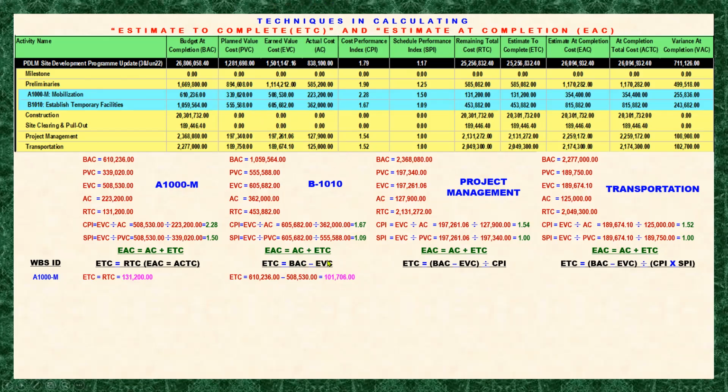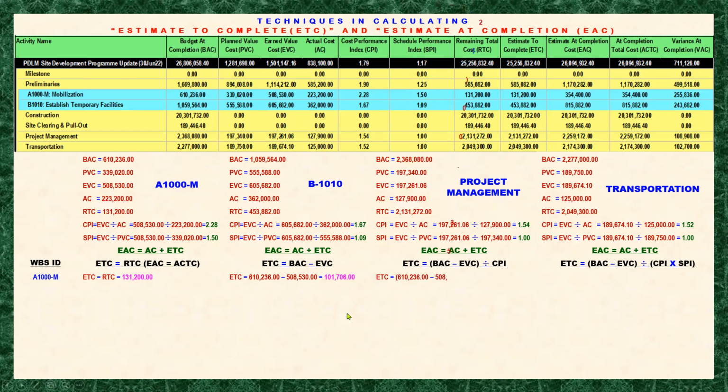We cannot compare it here because we have not assigned it in our current program. We assigned only the first ETC. Anyway, we're confident that this is really correct. So this is the result of the ETC using the second technique.